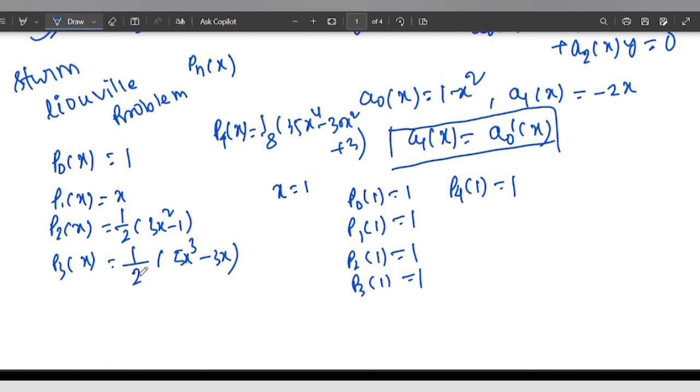You can also find these equations from a formula.